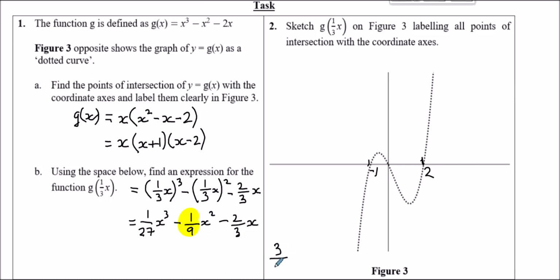We can think of that as being 3/27. We can do the same for 2/3 as well. So 2/3, to go from 3 to 27, we can multiply both numerator and denominator by 9. So if we do that, we can see that's the same as 18 over 27.